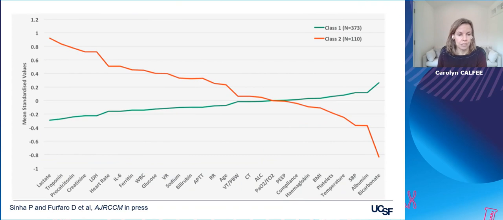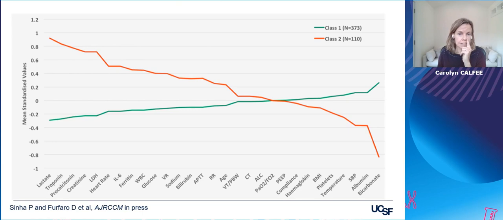What did these 2 classes look like? Well, this is a similar figure to what I showed you before. I'm going to go through it in a little more detail here. These are the continuous variables shown here on the x-axis, sorted from maximum positive difference between the classes on this side to maximum negative difference on this side. And so the variables at the extremes of the figure are those that really separate the classes well.